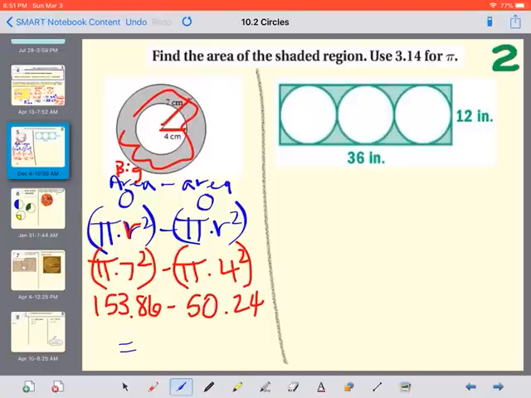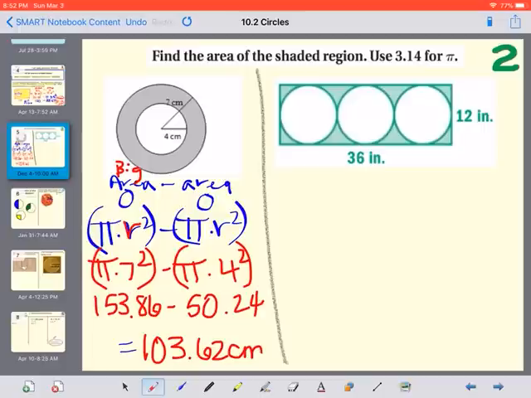If we subtract those, the area of this funny looking shape around the edge here, kind of like a ring shape, we get 153.86 minus 50.24, which gives us 103.62. And we're talking about centimeters squared. That's the area of the shaded region. This one does even tell you to use 3.14 for pi.